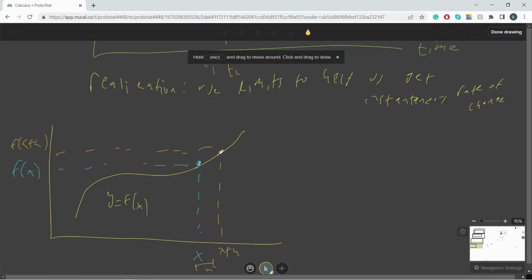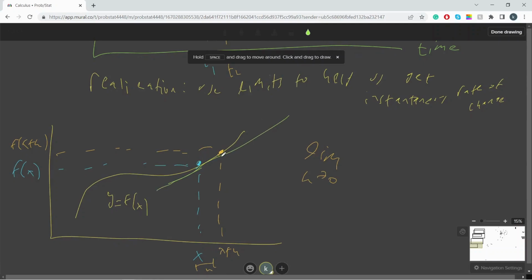Well, we discovered that when we move this orange point closer and closer and closer to this blue point, then we know this separation distance right here, h, is going to approach 0, right? Because this orange point is going to be closer and closer and closer to the blue point. So we know here that h is going to approach 0, right? And when h approaches 0, then we're going to get an instantaneous rate of change of f at this blue point. And the line will look something like this.